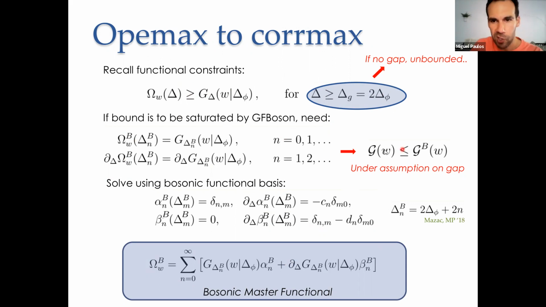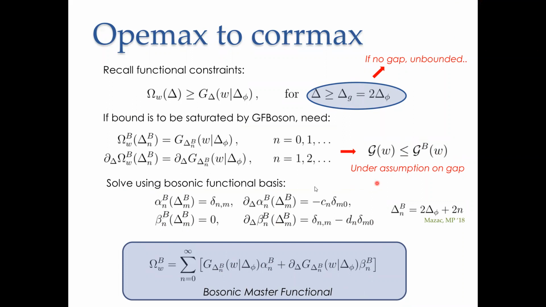If you solve these conditions, then the correlator will be smaller than the generalized free correlator. Again, we show that there is a basis which is dual to that solution, and so we can solve for this functional. Here's a different master functional, where now we just replace B with F. This functional is a candidate for establishing this bound.